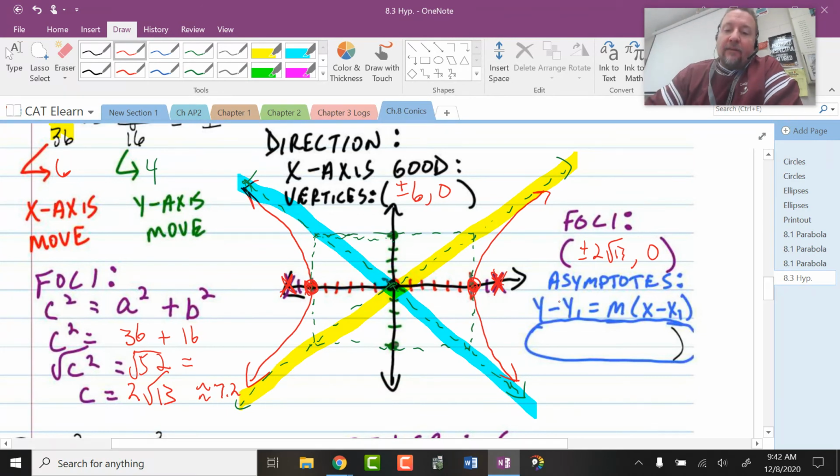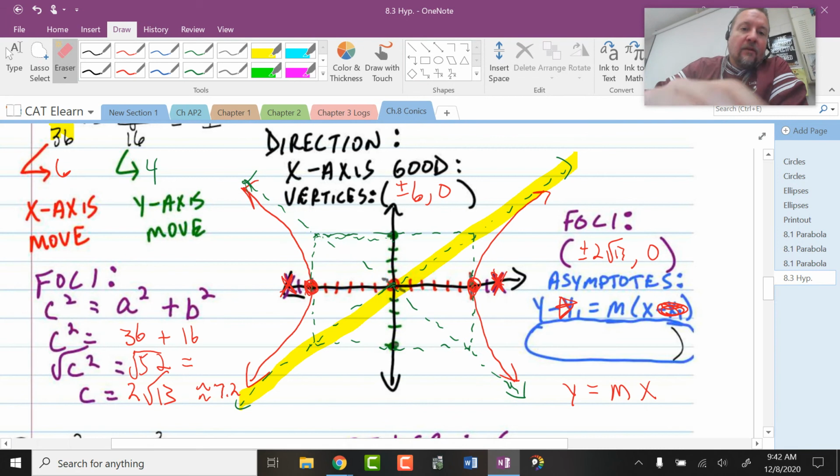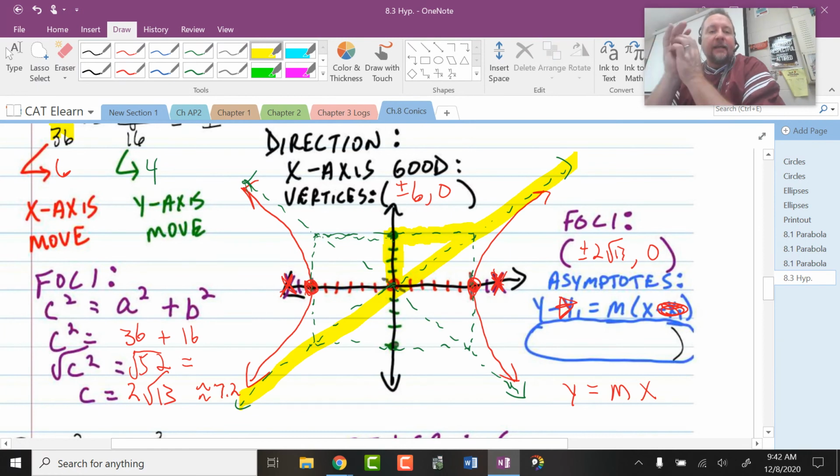So I don't need this because it's 0 and 0. Really, what I'm filling in for this equation of an asymptote is this, and I'm going to find what the slopes are. So this is what I was talking about with real numbers now. Let's look at the yellow line. What's the slope of this line if this is the rise and this is the run to get that slope?